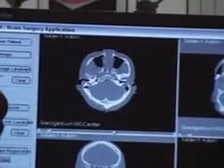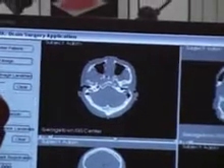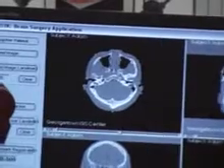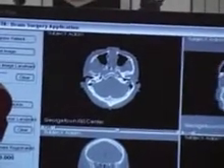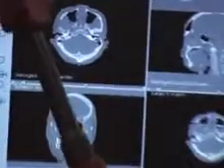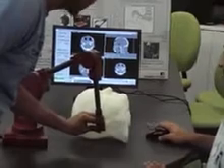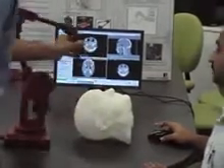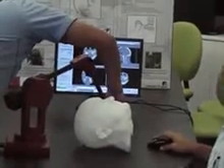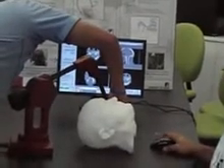Now I'll initialize the tracker. Now we will translate the original coordinates to the CT scan by using this microscribe. So I'll put this on the first ear. Then the second ear. Then the nose.